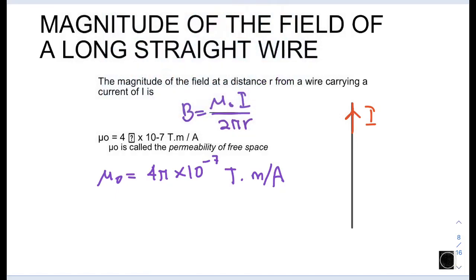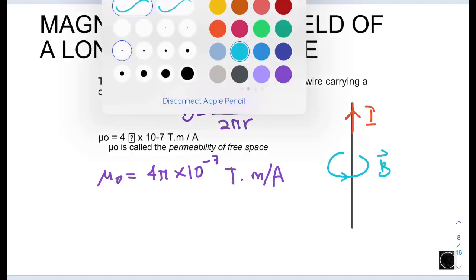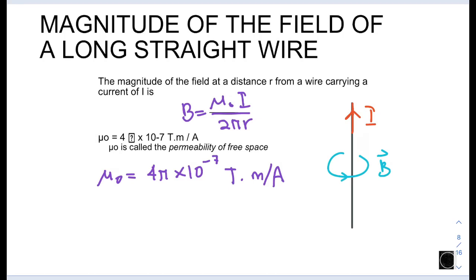Surrounding the conductor, by grab rule, B will be in this direction. The distance from this point to this point, the R, will give a varying value of B. The bigger the R, the smaller the B, because the further away from the source of the magnetic field, the strength of the magnetic field will reduce. It's inversely proportional. So the value of B at this instant, let's say B1, compared to this distance, let's say B2, will vary according to this.